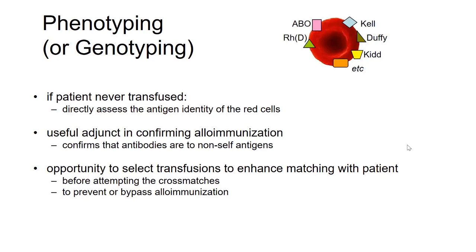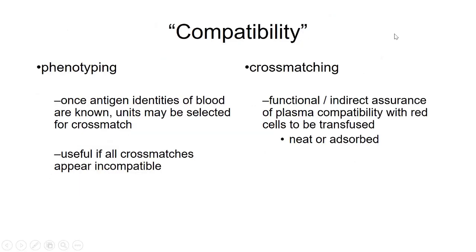If you are matching at a higher level the warm autoantibody patient and you don't know that they may have alloantibodies reactivatable or present currently, while your adsorption is still cooking, you can bypass historic antibodies and also prevent the formation of new ones or primary sensitizations, which patients with warm autoimmune hemolytic anemia are probably twice as likely to do as patients without warm auto.